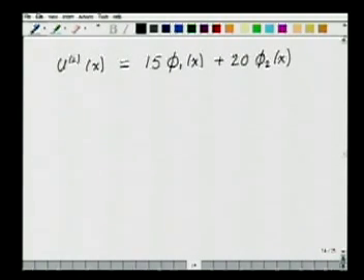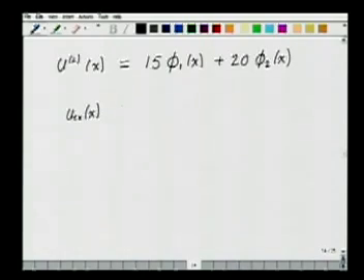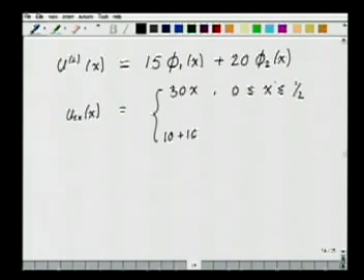What was our exact solution? If you remember, u exact of x was equal to 30x in the region 0 less than or equal to x less than or equal to half, and 10 plus 10x in the region half less than or equal to x less than or equal to 1.